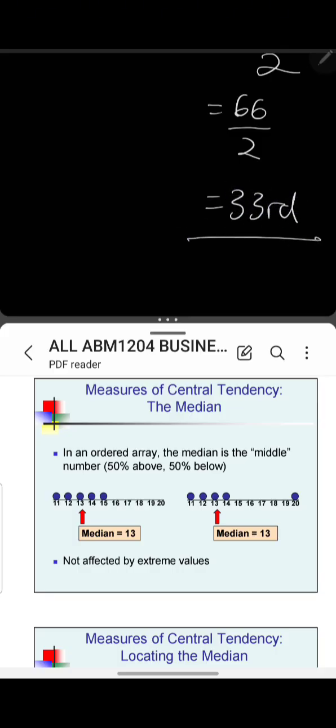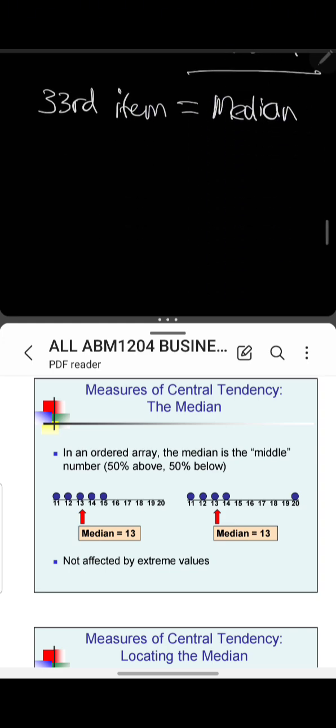So now you go count your items, and the 33rd becomes the median. That is obvious.